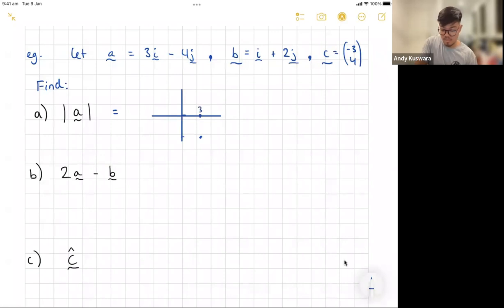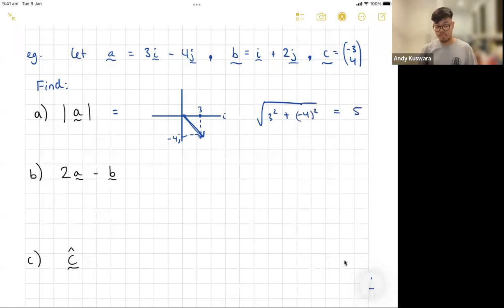So this is 3i, this is minus 4j. And I'm talking about that direction in space, from here to here. Now, how do I find the length? I'm going to use Pythagoras. In other words, it's going to be the square root of 3 squared plus negative 4 squared. And that just gives us 5. If you calculate that, it's just your Pythagorean triad.